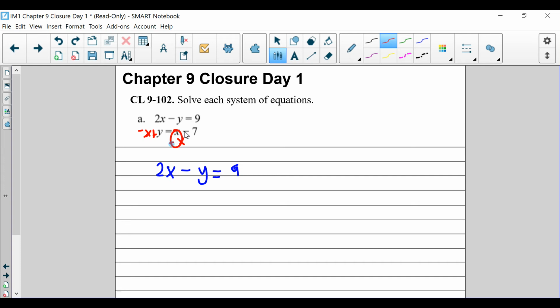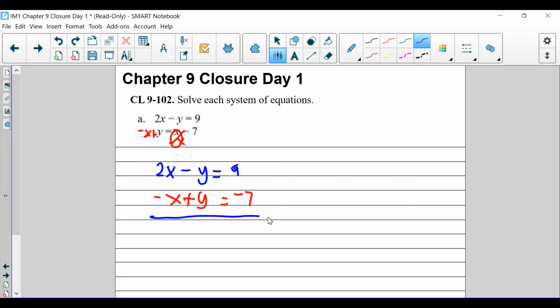Then we have the other equation, which looks like this. Then we're going to go ahead and solve. Okay? And the great thing, the reason why I did this is because now you can go ahead and circle as your zero pair.